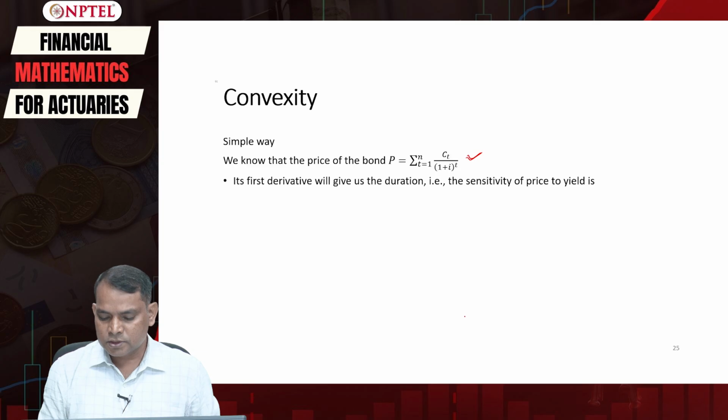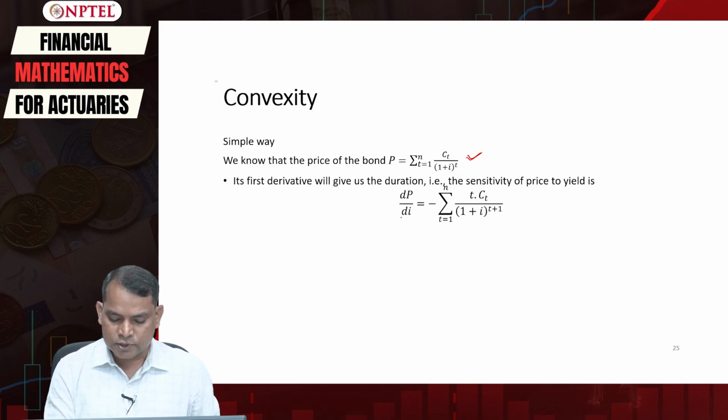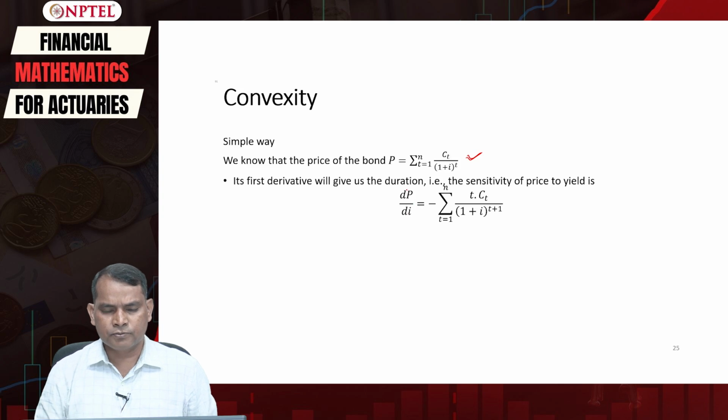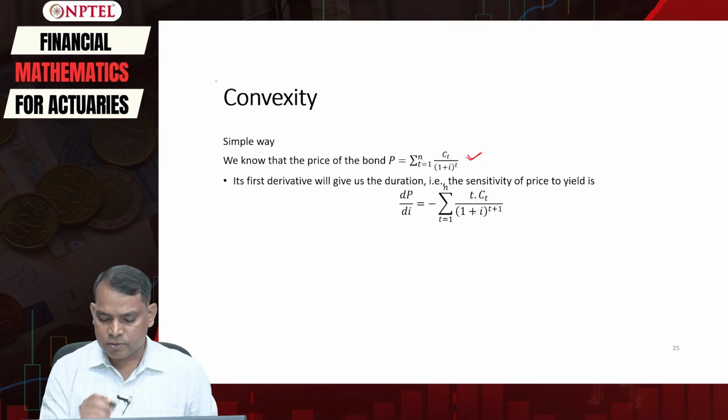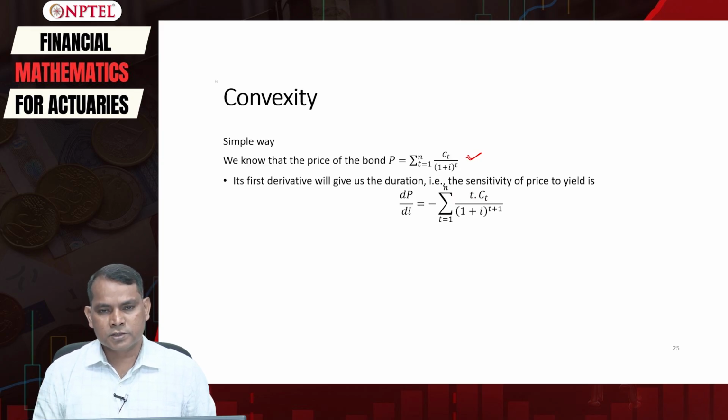It will give us the sensitivity of the price due to the change in the interest rate or change in the yield, which can be written as dp with respect to I, that is change in price with respect to change in I. We know that there is an inverse relationship between price and yield, so we put a negative here, and therefore dp by di is equal to minus summation of t times Ct divided by 1 plus I to the power t plus 1.